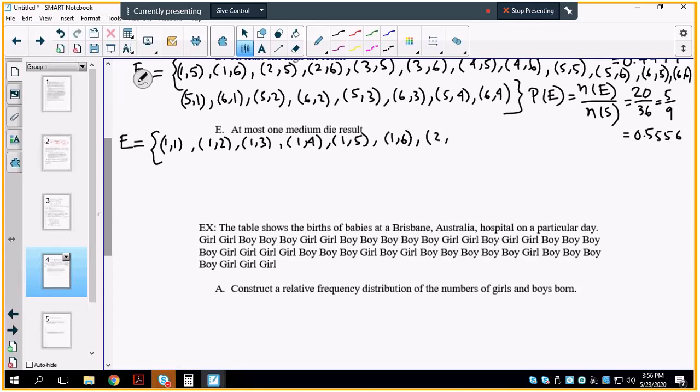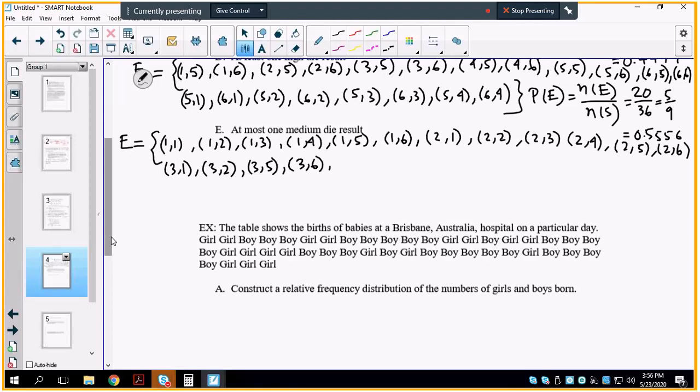2 is similarly, all of them are good: 2,1; 2,2; 2,3; 2,4; 2,5; 2,6. When I'm writing 3, I'm a little careful. 3,1 already has one medium. 3,2 has one medium. So you cannot have 3,3 or 3,4. But 3,5 is good. So that's 3,6.